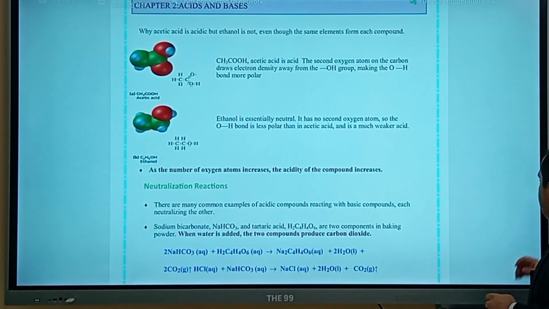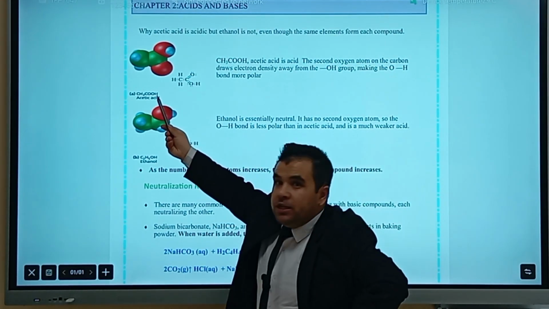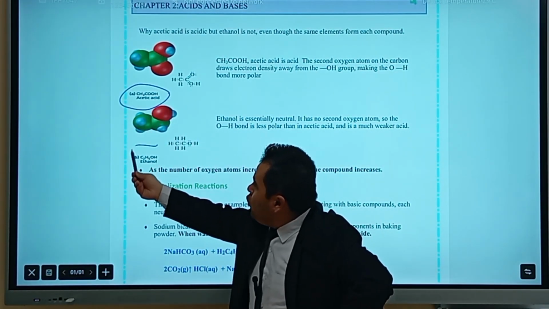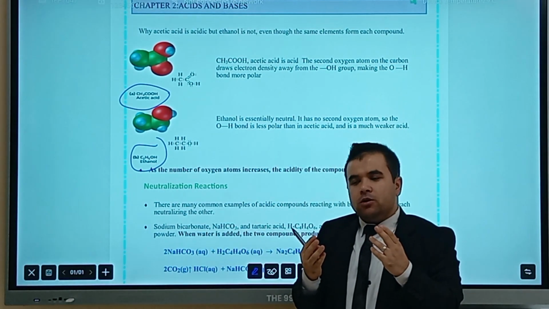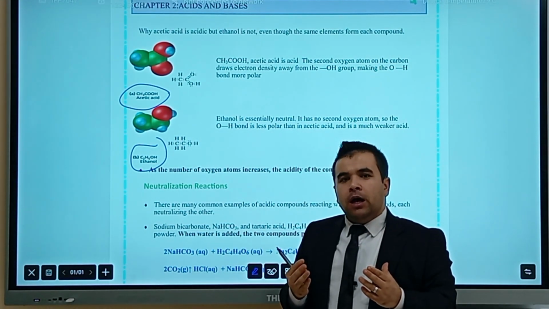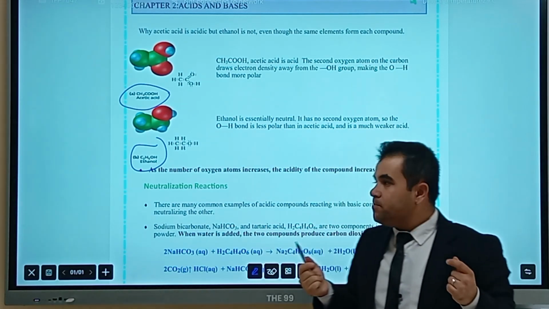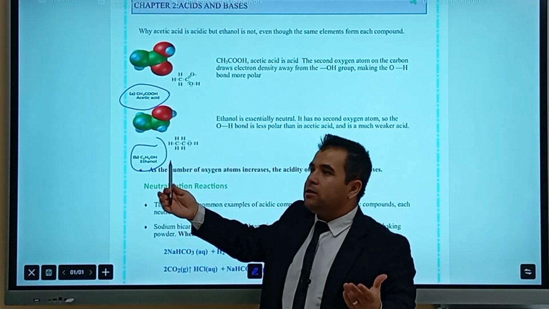Here we have a question. CH3COOH and ethanol, which is C2H5OH, have the same elements in their composition. But why do we call acetic acid an acid, and not ethanol?